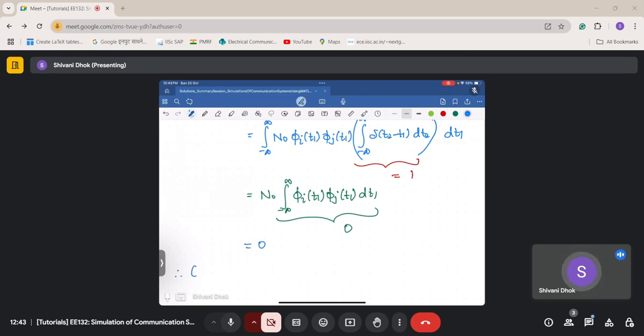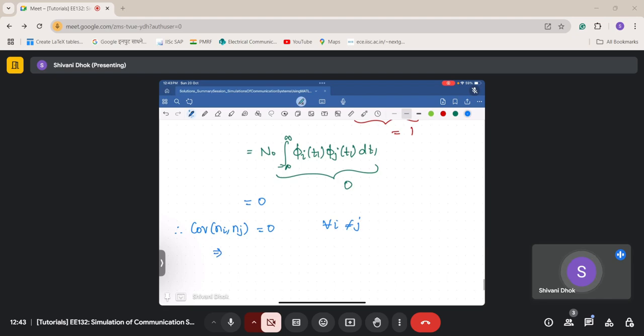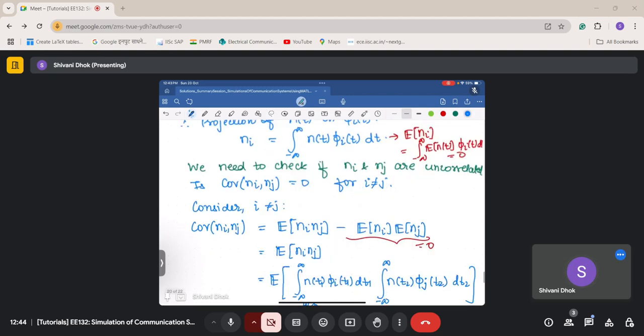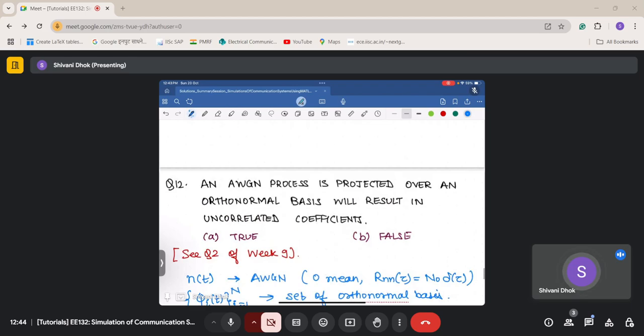So the covariance of Ni and Nj is equal to 0 for all i not equal to j, which means that Ni and Nj are uncorrelated. So an AWGN process projected over an orthonormal basis will result in uncorrelated coefficients. That is true.